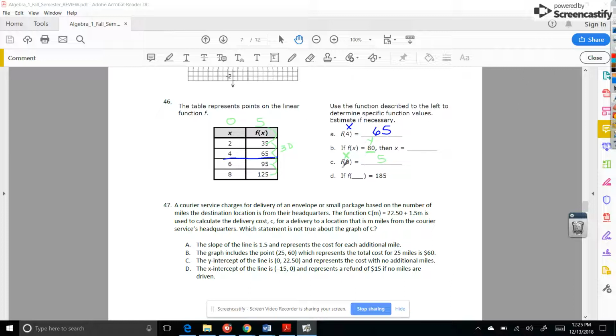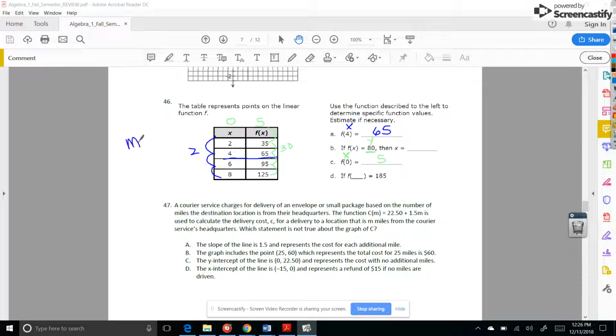I wanted to skip over B because I just found my slope. And I'm going to write an equation to try to figure out when the y value is 80 because it's not here. My slope is 30 over 2 because these are going up by 2.